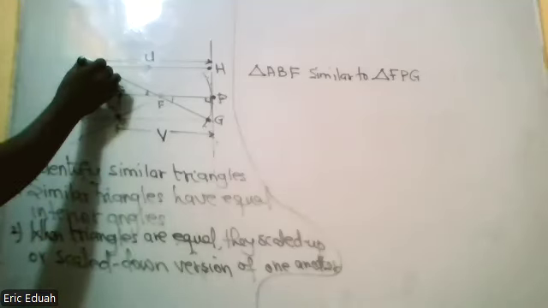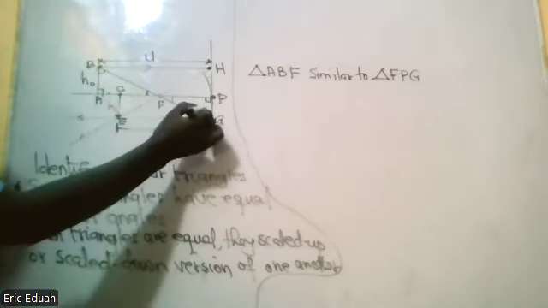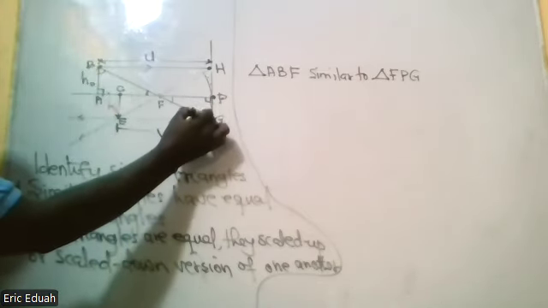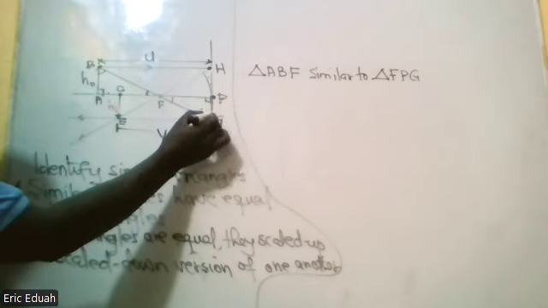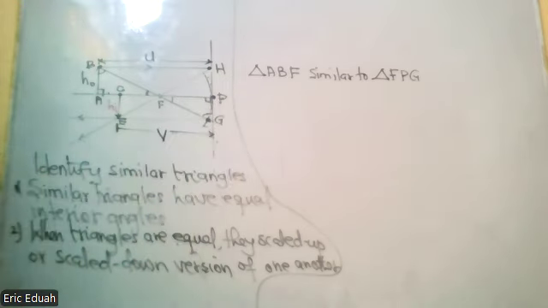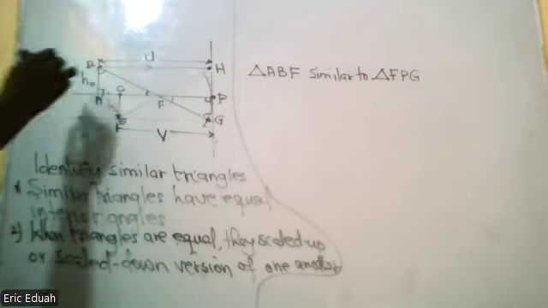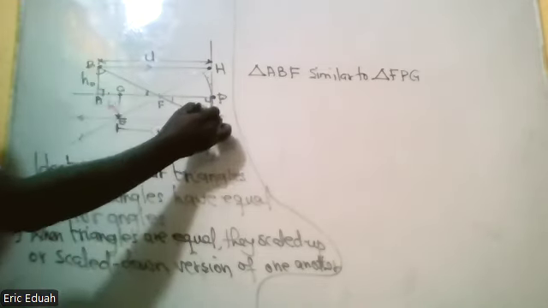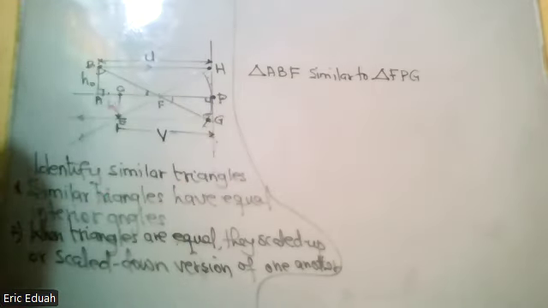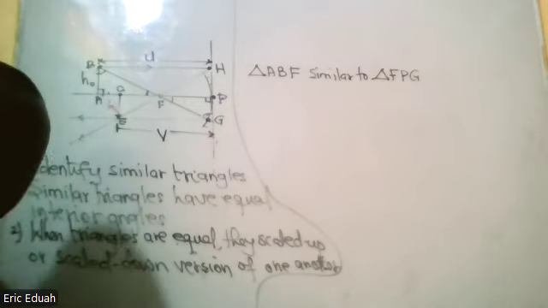Then this angle here is also equal to this angle here. And on what basis or reason can we draw that conclusion? This angle is also equal to this angle. Are they vertically opposite angles?